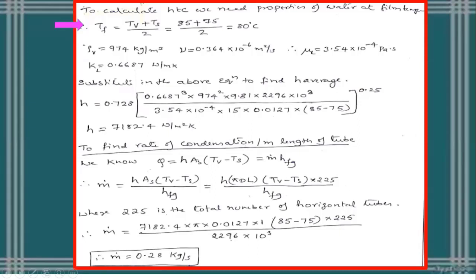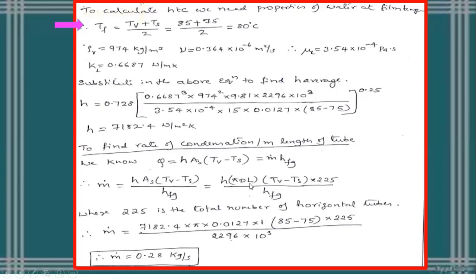Once you get the average value of h, we know the rate of heat of condensation Q is equal to h into surface area into the saturation temperature, or vapor temperature, minus surface temperature. That will be equal to m dot into hfg. So m dot is equal to h into As into (Tv minus Ts) divided by hfg.